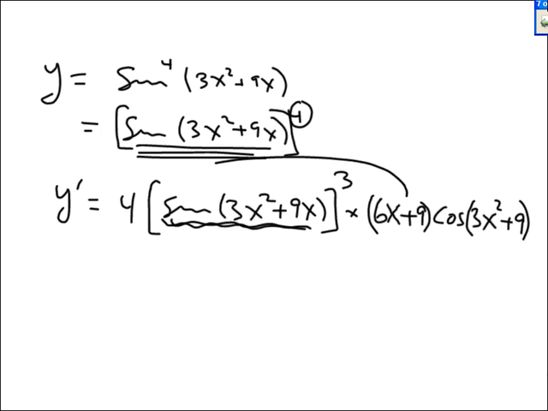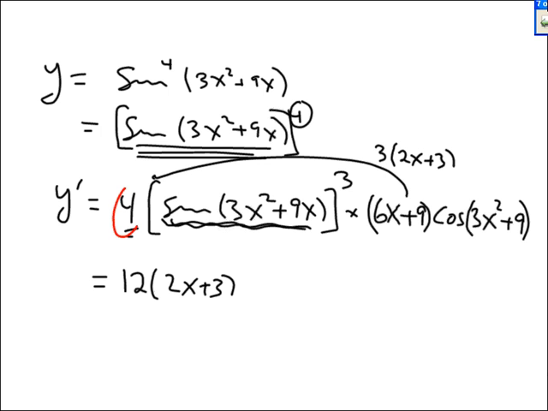I'll bring this in front, but I'll also factor out a 3. That is the same as 3 times 2x plus 3. And 4 times that 3 is 12, times the 2x plus 3. I just multiplied the 4 and the 3 to get 12 times the 2x plus 3.